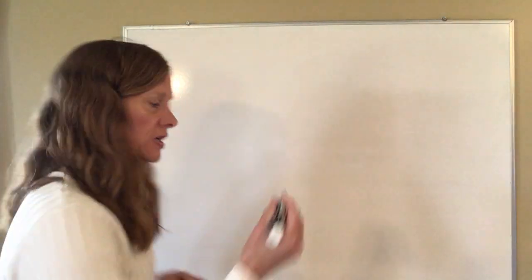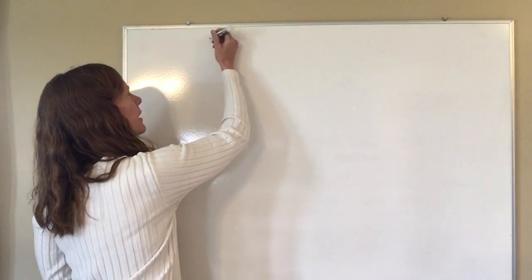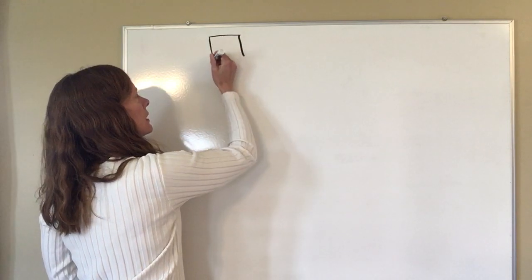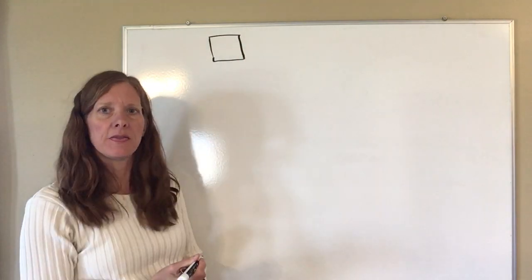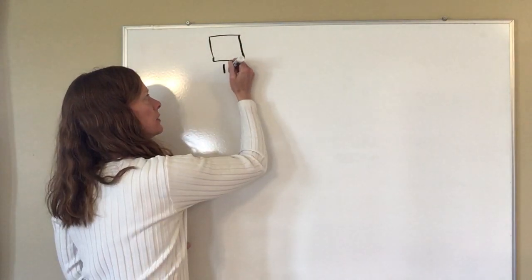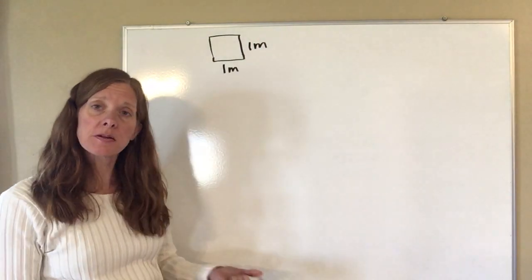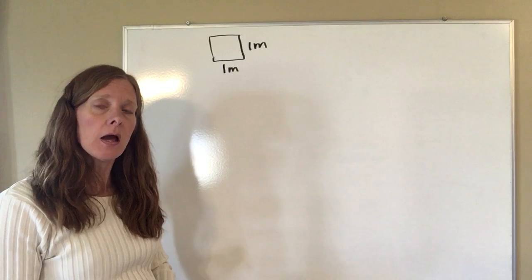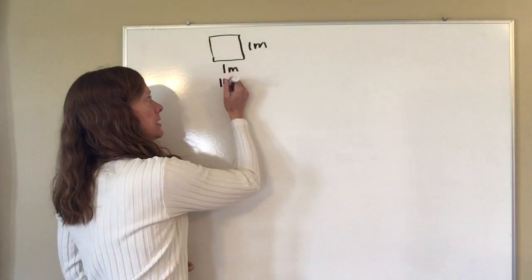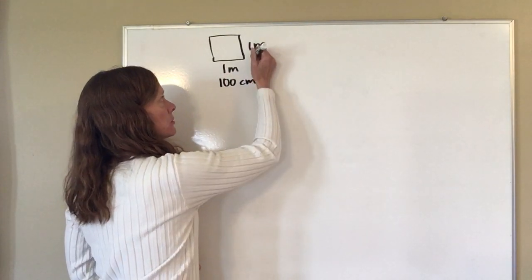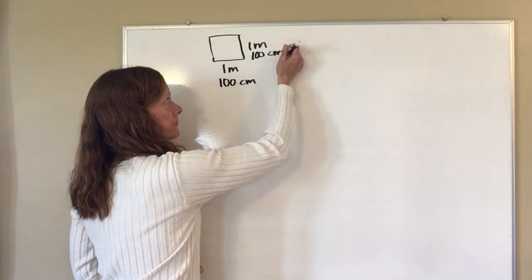Let's say, for example, that you have a box that is 1 meter on a side. And so if this box is 1 meter on a side, you also know that it would be 100 centimeters on a side.